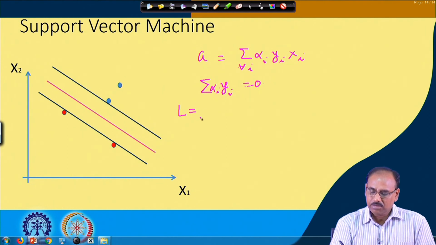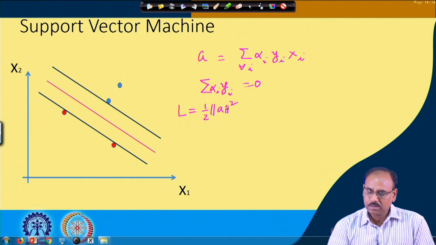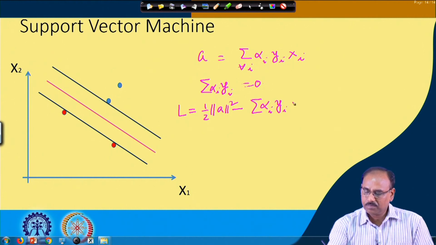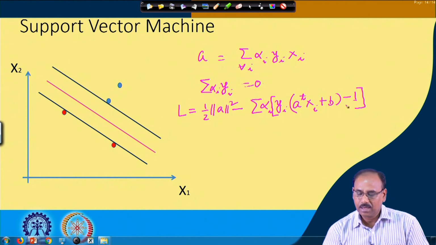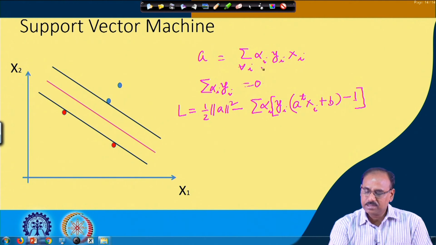We had Lagrangian equal to half of mod A square minus sum of alpha I, yi, A transpose xi plus b minus 1. This was the Lagrangian.